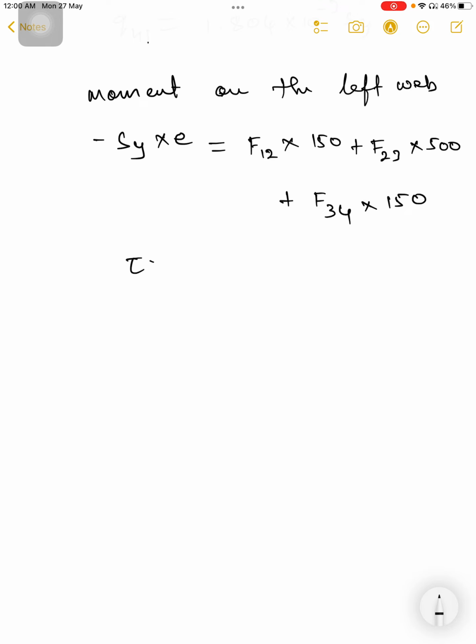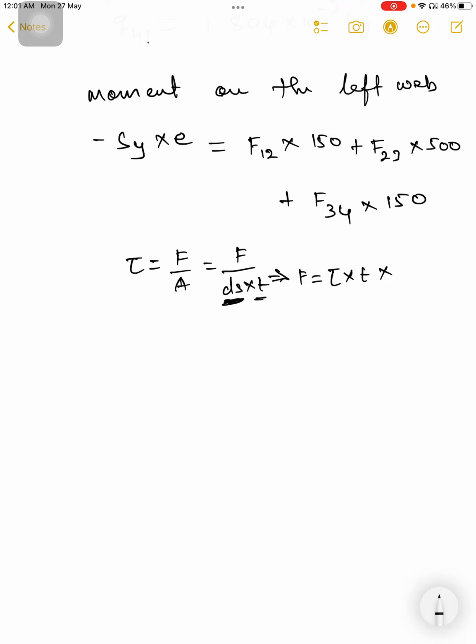Actually, we know tau is equal to F by area, that is F by shear length into thickness. So F equal to tau into T into shear length.